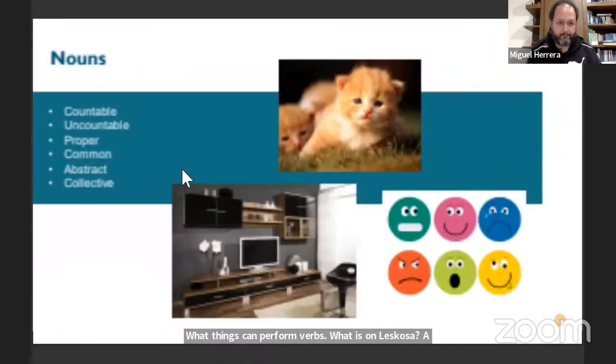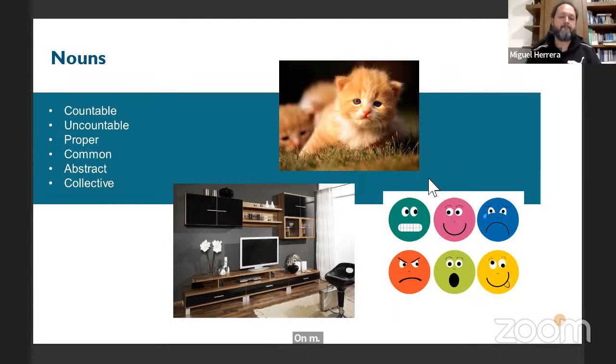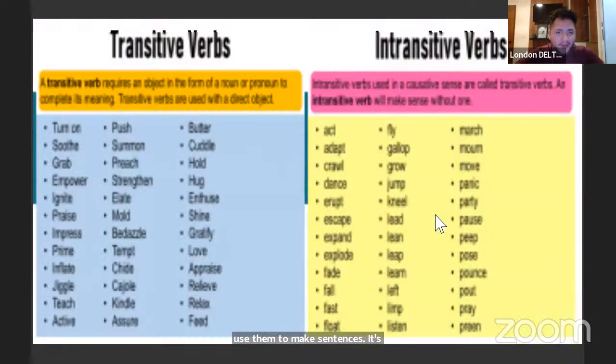Persons, animals. So the nouns, right? Very well. So we will see little by little how we can use them to make sentences. Están todas estas subcategorías que las veremos después.